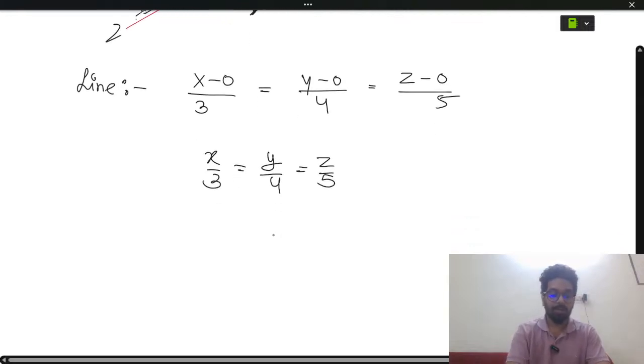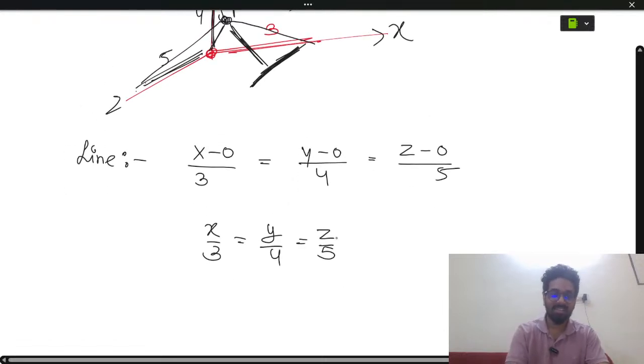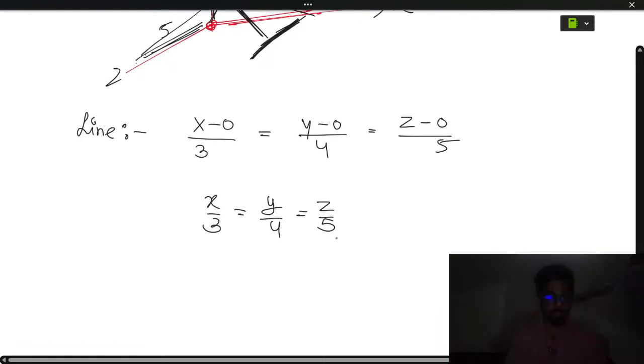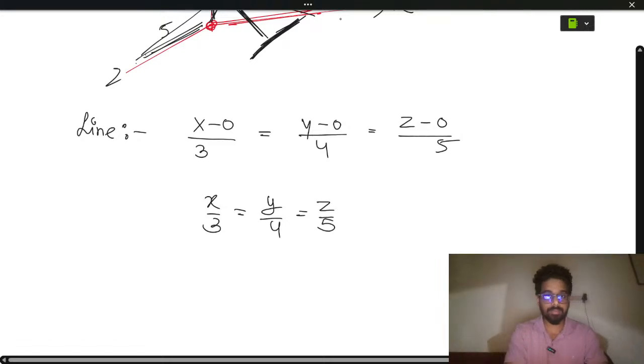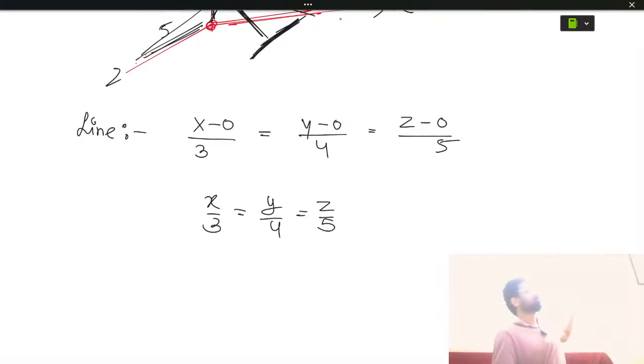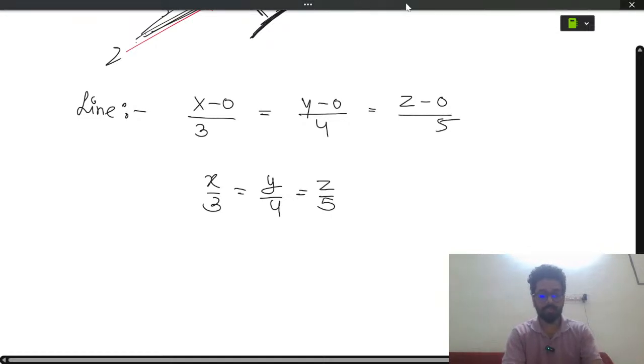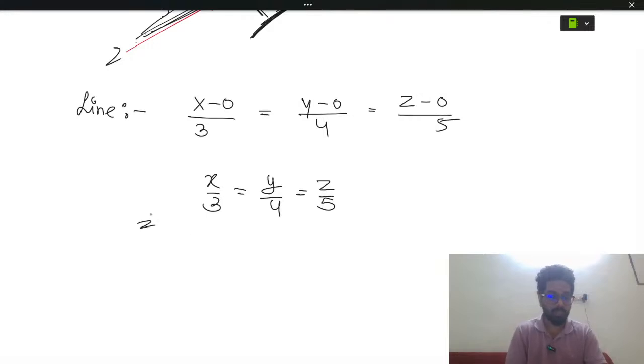Alright, now we have to calculate an edge parallel to z axis. Okay guys, this is our last question, so let's solve it quickly.